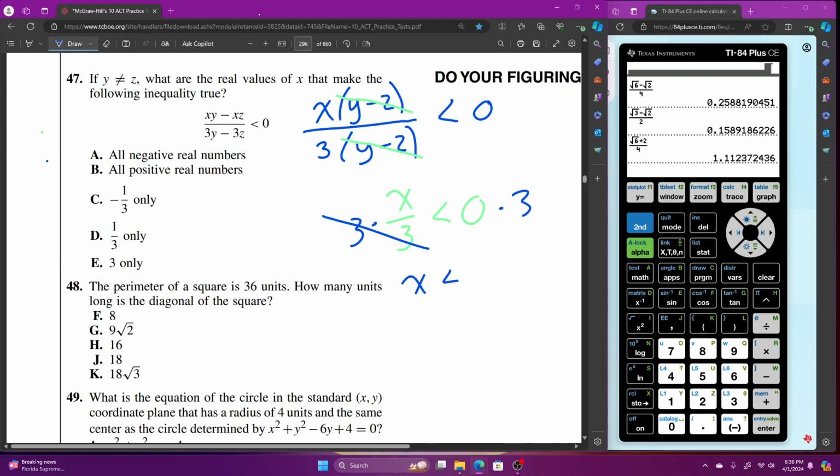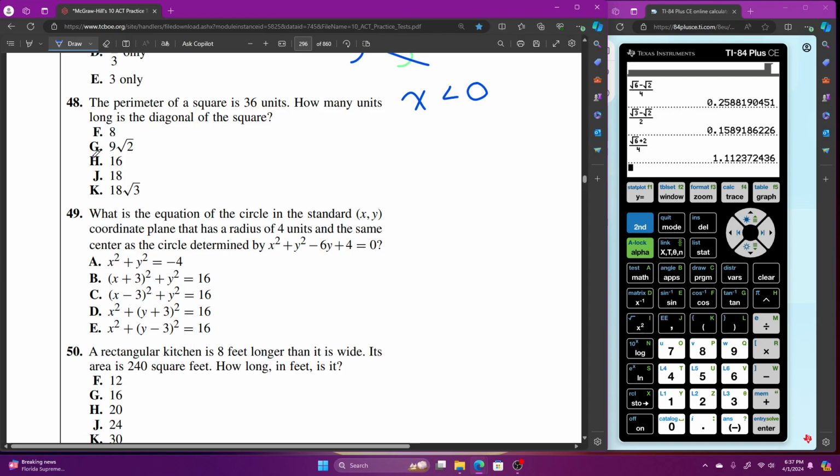X is less than 0 times 3 is 0. If x is less than 0, then that means that it could be any negative number. And answer choice A means all negative real numbers, means any negative number.